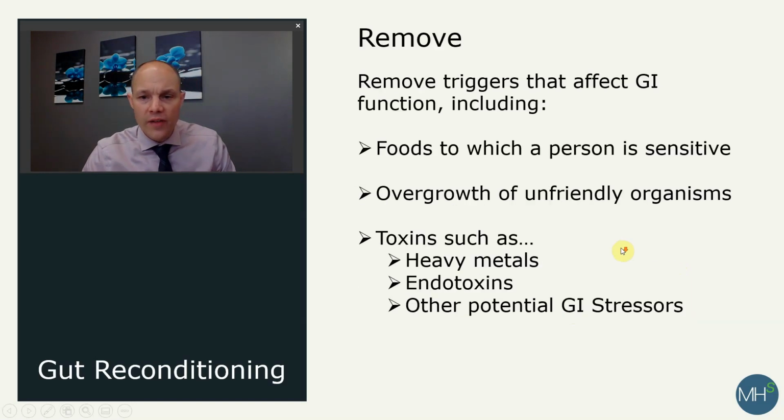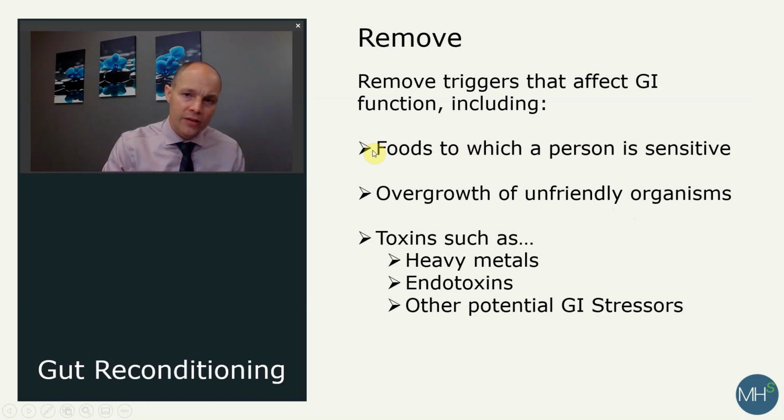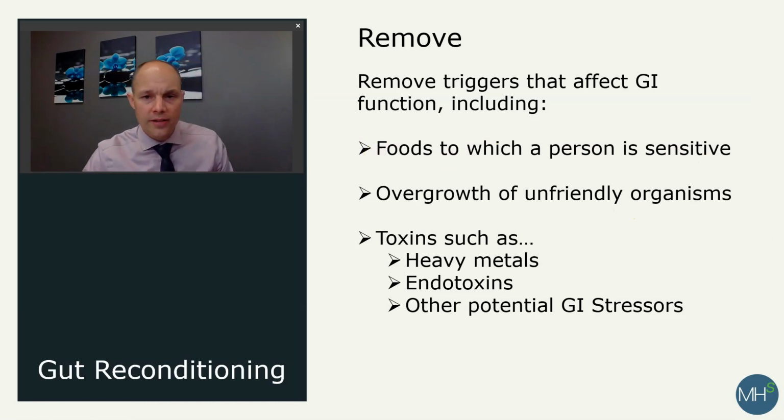So in the removal phase, if we're looking to remove some sort of pathogen or toxin, these are some of, but not limited to, what affects our gastrointestinal system. So first and foremost, foods. And if we're looking to remove the toxins, you need to revert back to the nutritional section on toxic removal. So that's the first thing that we do.